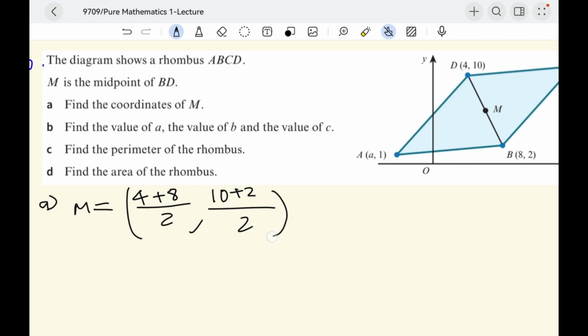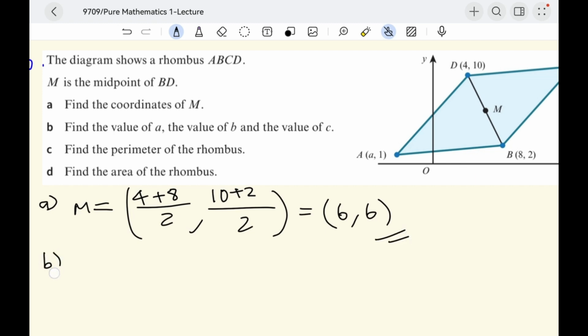So basically just sum of these two coordinates and divide by 2 for each x and y coordinates. So I have 6 and 6. Wow. What a coincidence. X and y coordinates are the same in magnitude. Alright, so that's the end of the part A.